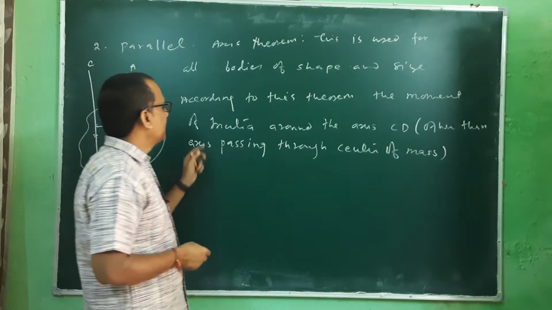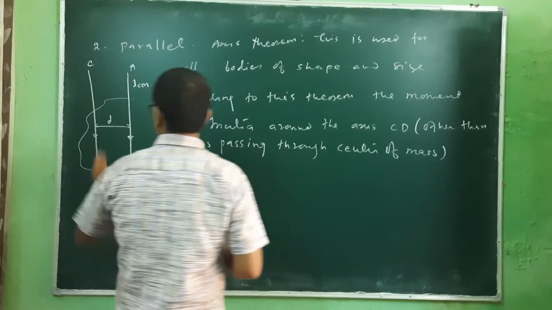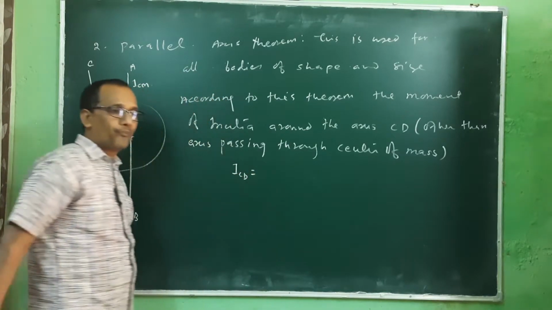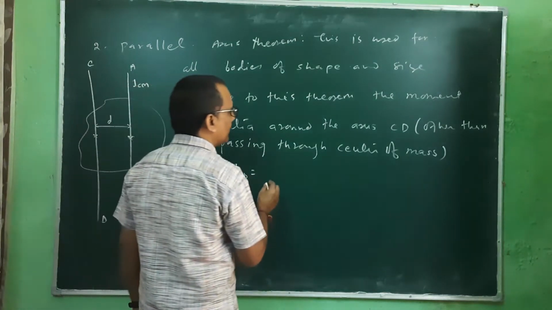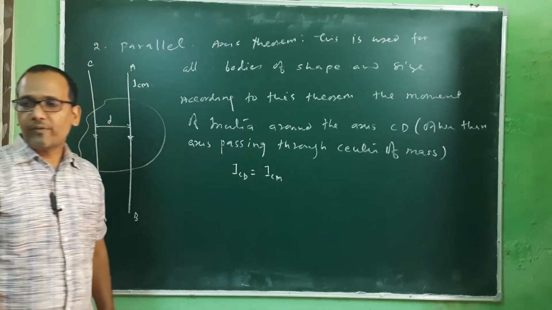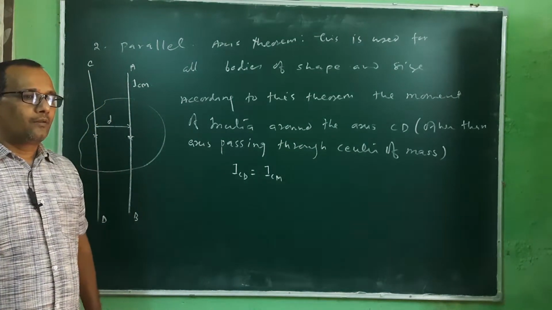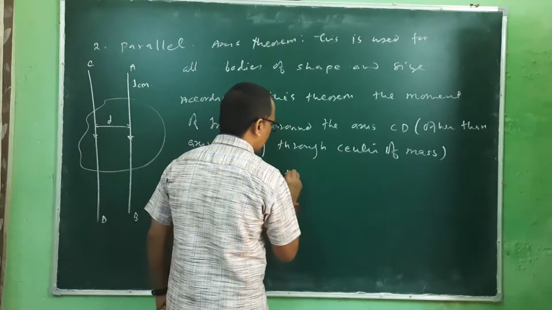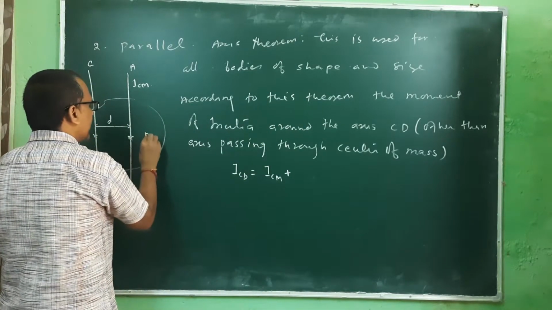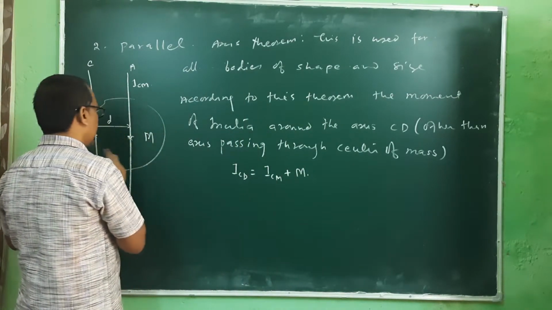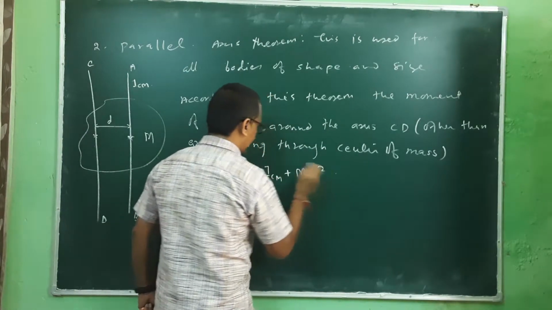Then the moment of inertia around CD, that is ICD, is equal to ICM, the moment of inertia around the axis through the center of mass, plus, if the mass of this body is m, m multiplied by d square.